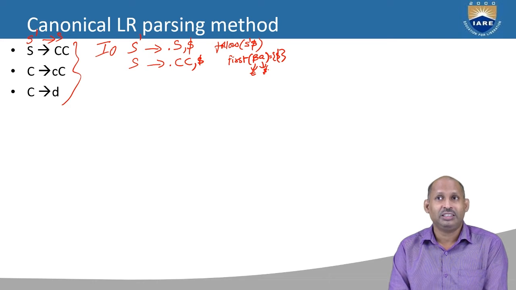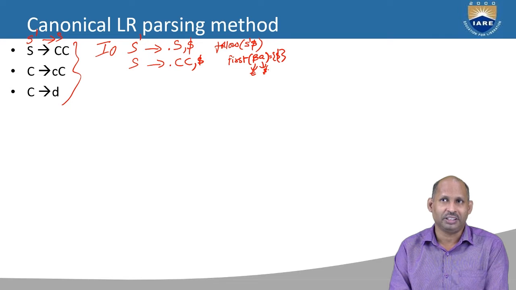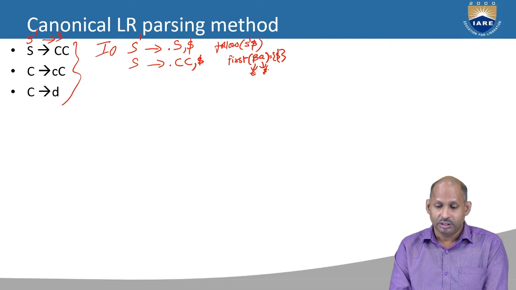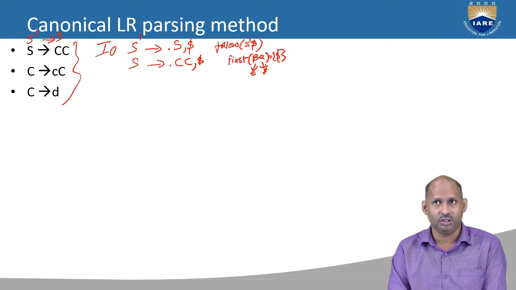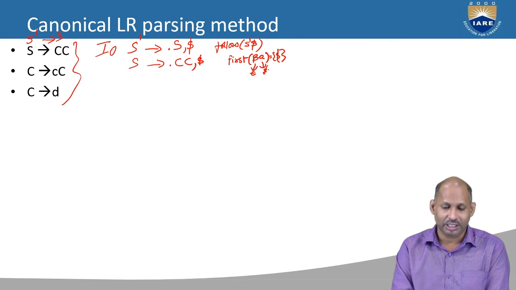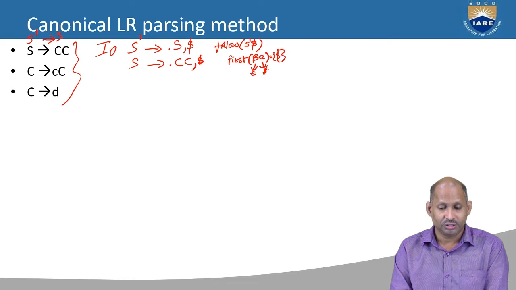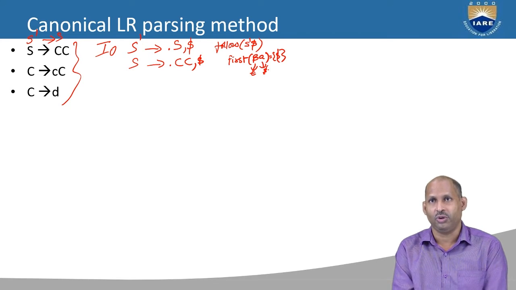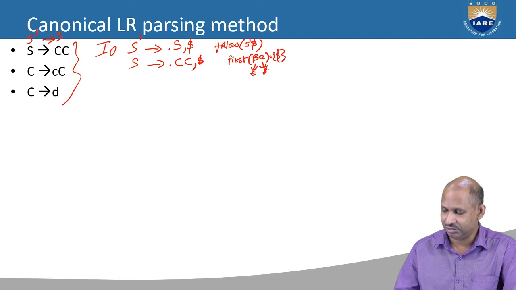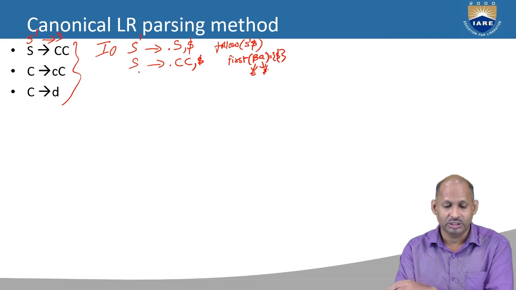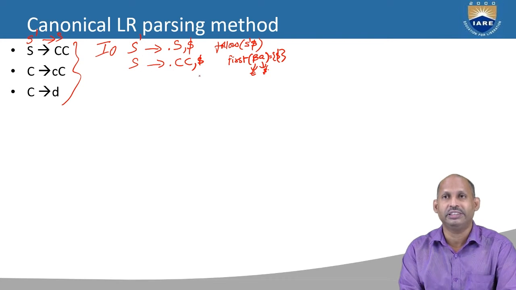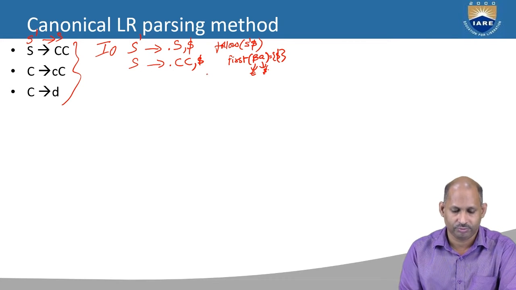Here beta is epsilon, A is the terminal dollar sign, which results in dollar. So S gives dot CC, dollar.